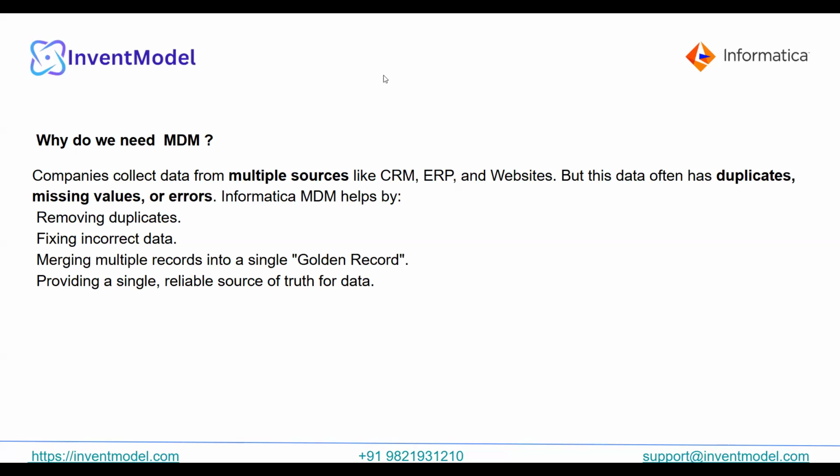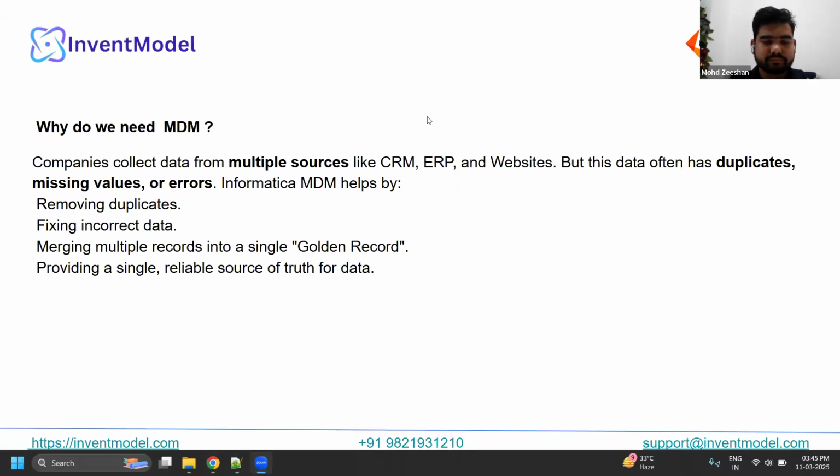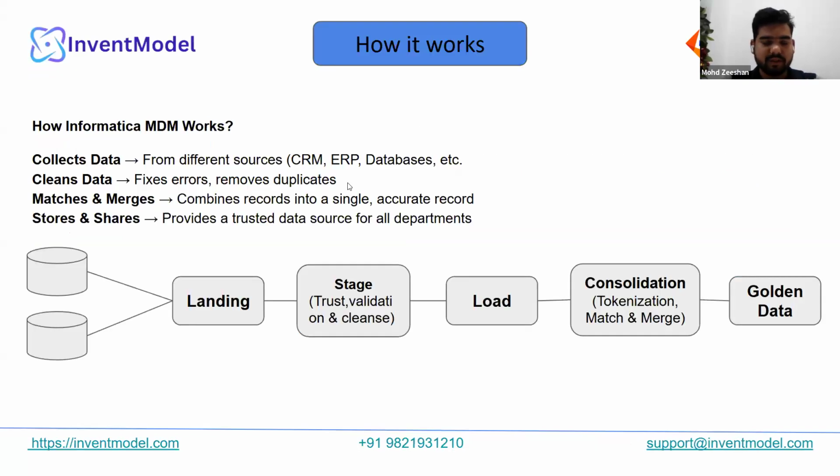Okay, move to next. Yeah, that is the working of Informatica MDM. So here we can see how it works. Basically, it collects data from heterogeneous sources and puts it into our landing zone. From the landing zone, we then do the cleaning of the data.